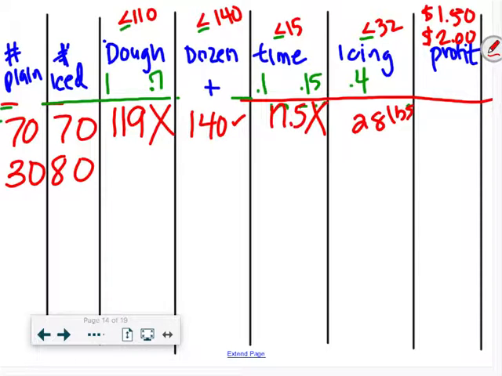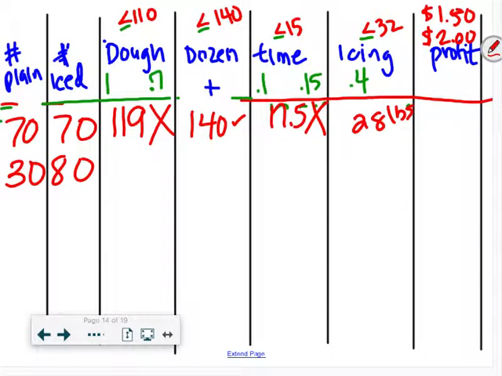We want to be as close to the amount as possible, since we're making the most money. We have to equal both numbers, right? It would be cool if they did, but what we found is that at 70 and 70, which equals 140, that put us over on dough and time.